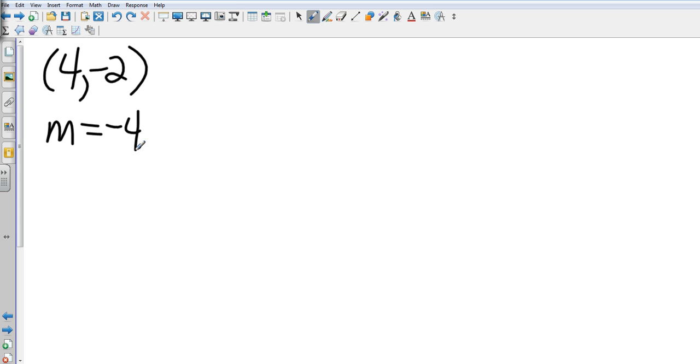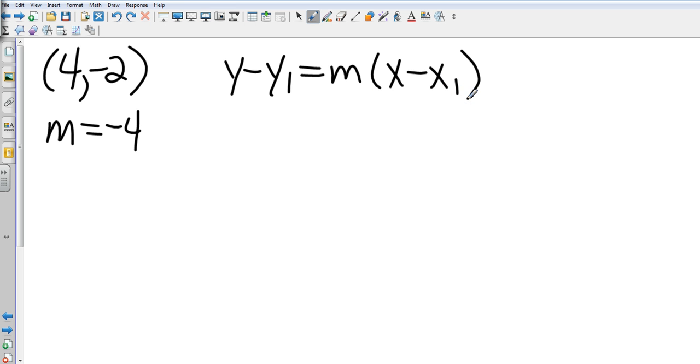Okay, so point slope form is y minus y1 equals m times x minus x1. And this is the first problem. Point slope form. Sub in what we know. Y stays the same. y1 is a negative 2, so I'm subtracting a negative 2.